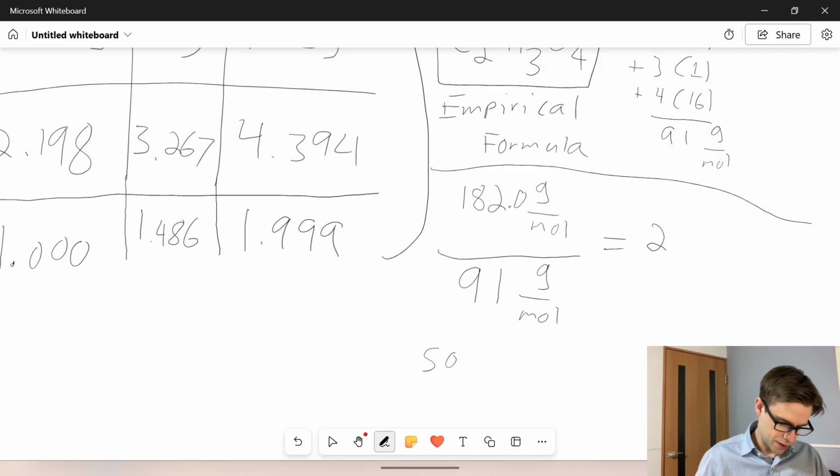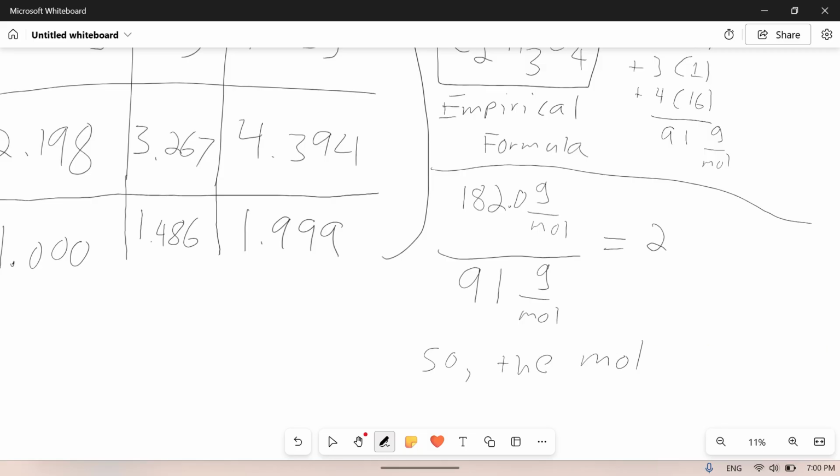So I can say the molecular formula is exactly double the empirical formula, C4H6O8.